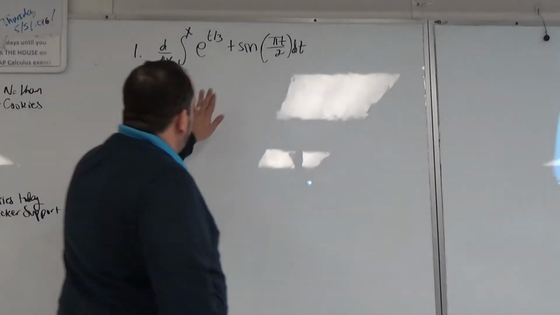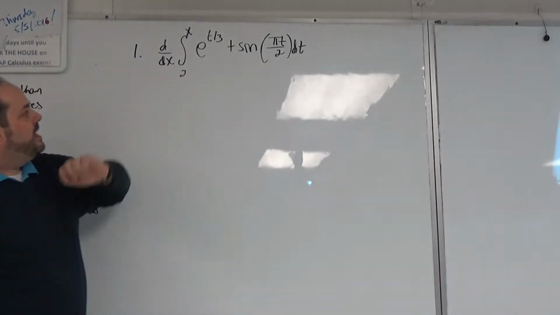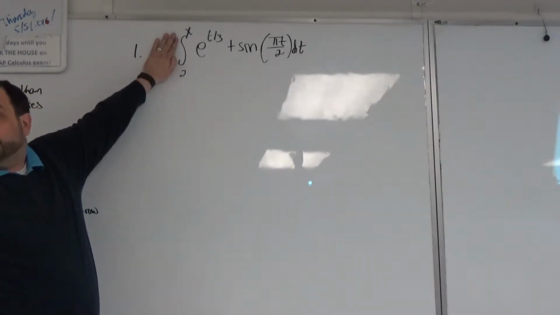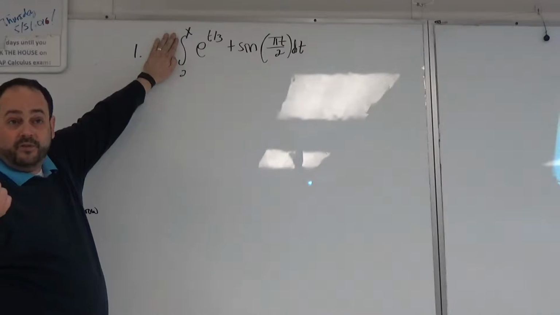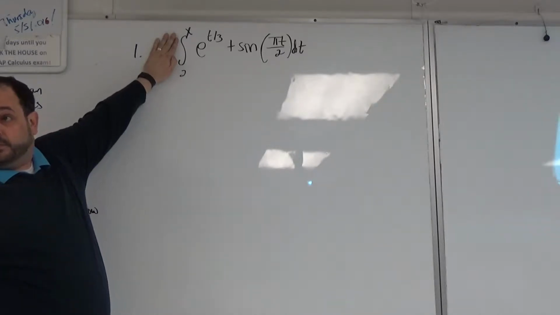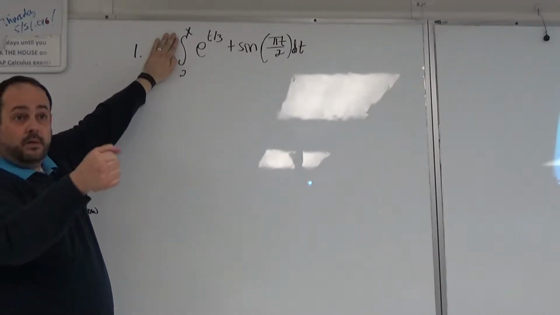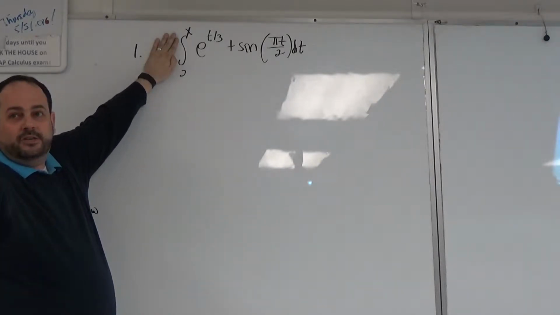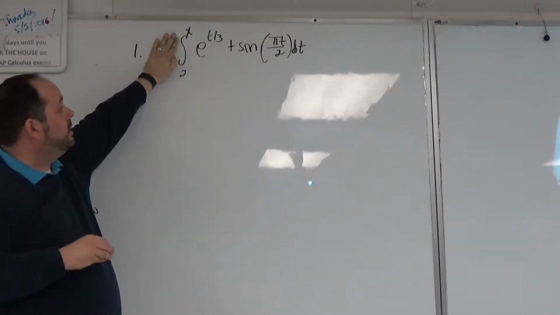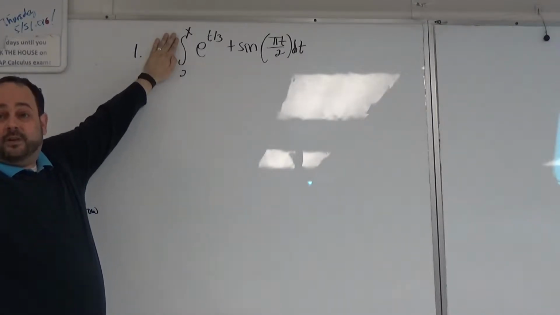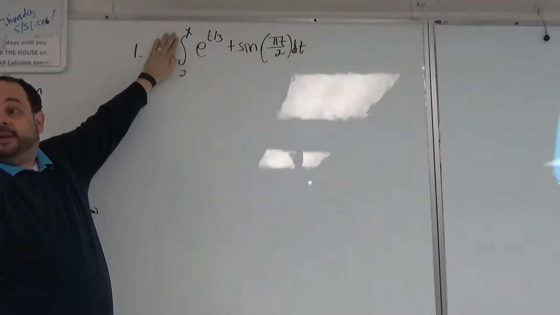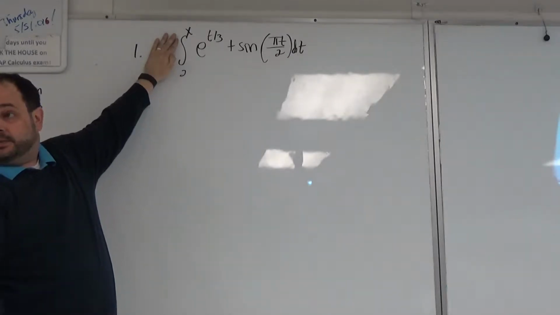I want to look at this with fresh eyes. What am I asking? This is a definite integral, right? And the first move to evaluate a definite integral? Find the antiderivative. No, you're stuck in integration by substitution mode. Find the antiderivative. If you can do it on sight, great, because maybe you recognize the pieces.